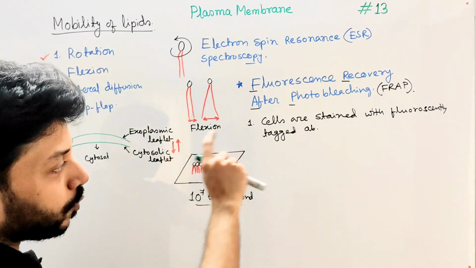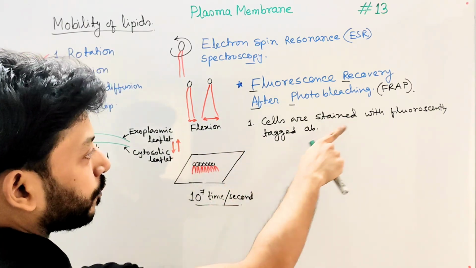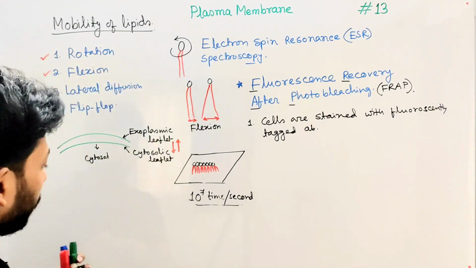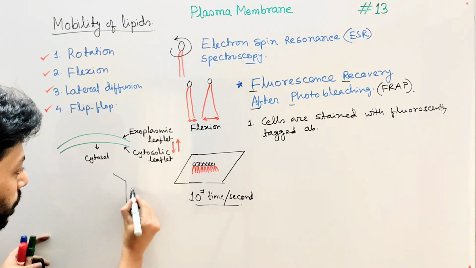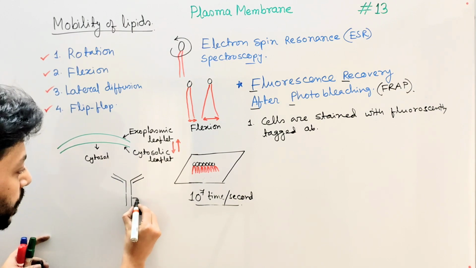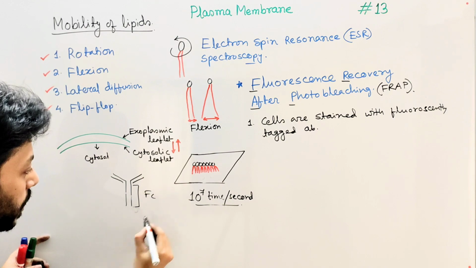So what we'll do at first, we will stain the cell with fluorescently tagged antibody. What is a fluorescent tagged antibody? Let me explain. Let's suppose this is an antibody. This is the Fc portion of the antibody.